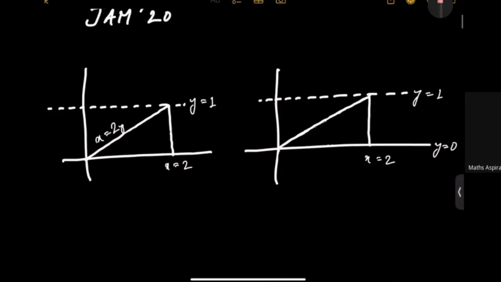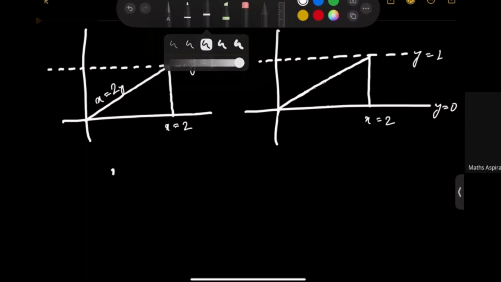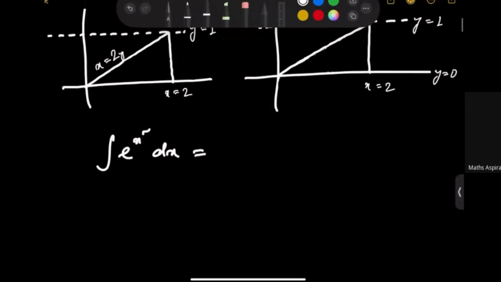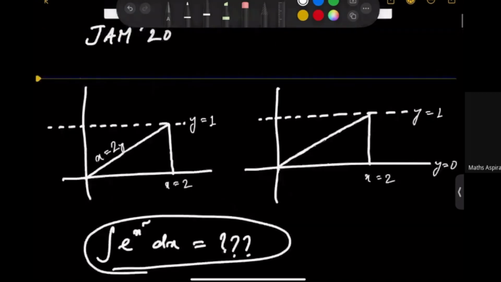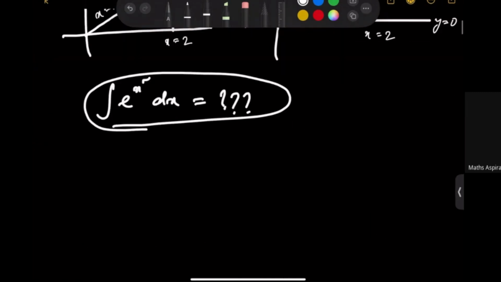For example, if you are given something like this, e to the power x squared dx, that is not easy to integrate. So what we will do here is change the order of integration so that our task becomes much easier. So the question is this: e to the power x squared dx dy.